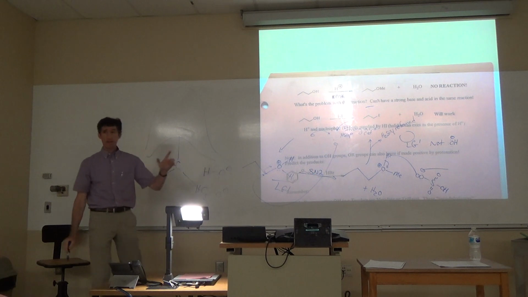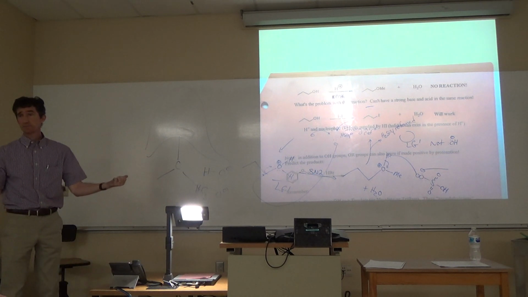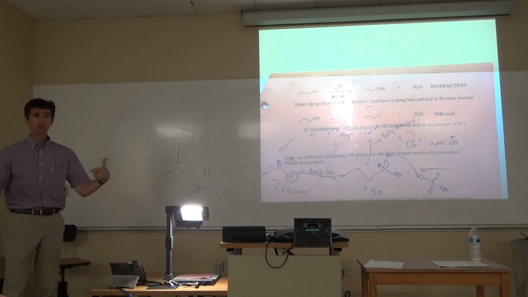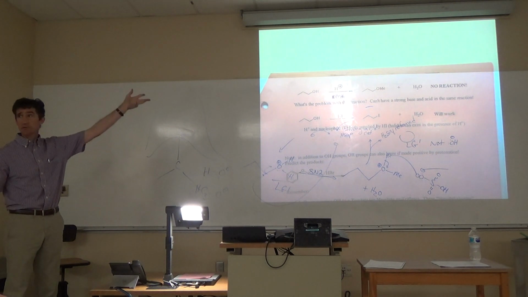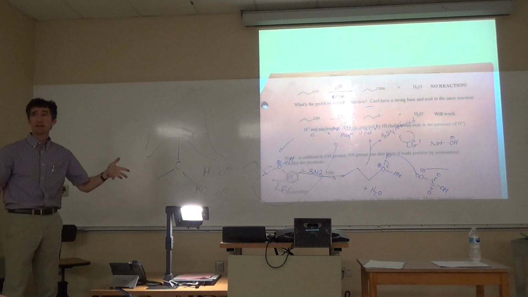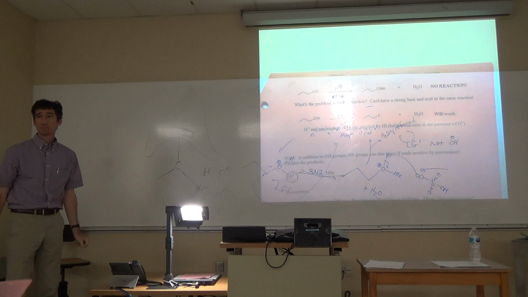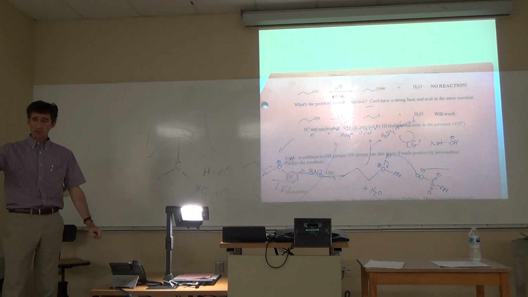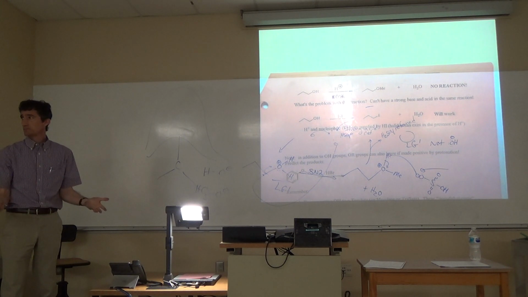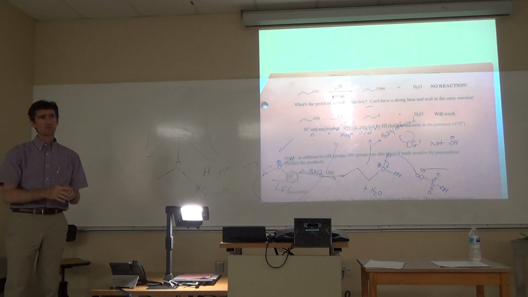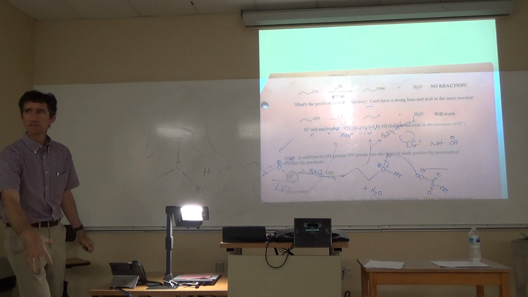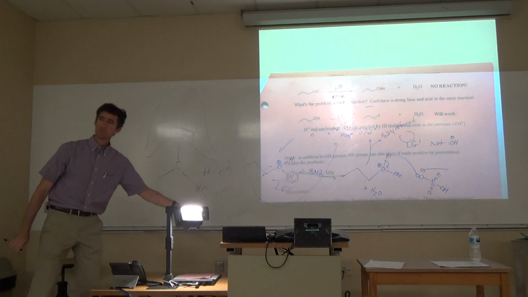Okay? Can you have acid and base in the same reaction? They're just going to react. The O minus will just react with the H plus. You can't have both. It's just like if you put hot and cold water into your tub, it's going to neutralize and the water will just be warm. Can you put hot and cold water in your tub and then say, okay, I'll reach in and get the hot, and now I'm going to reach in and get the cold?